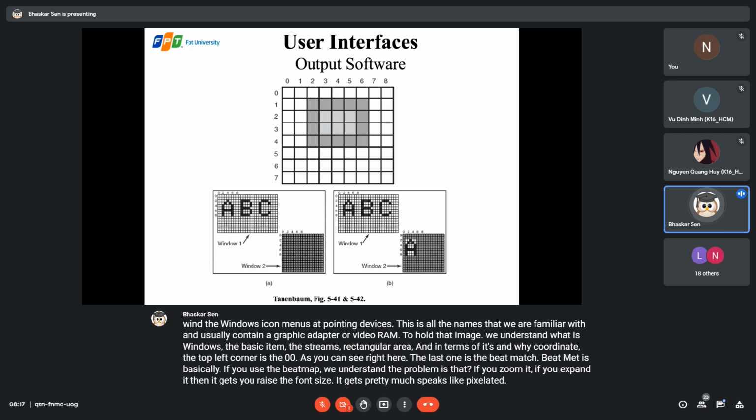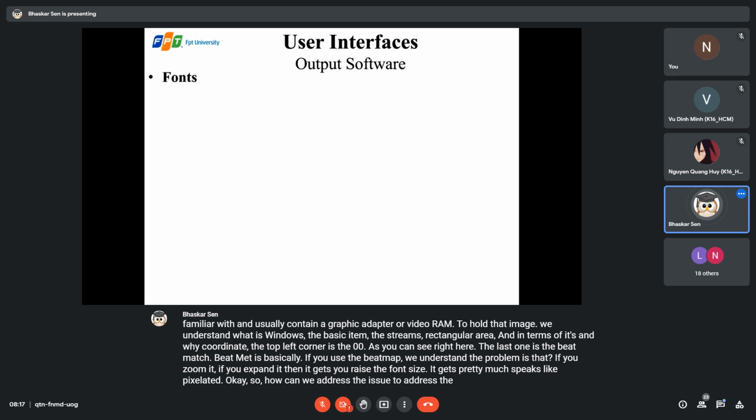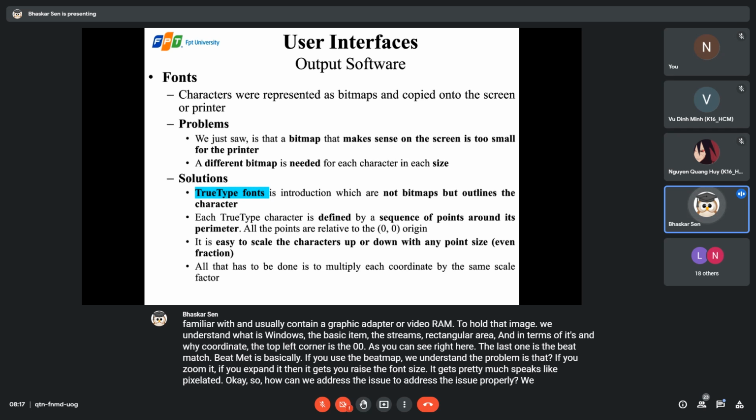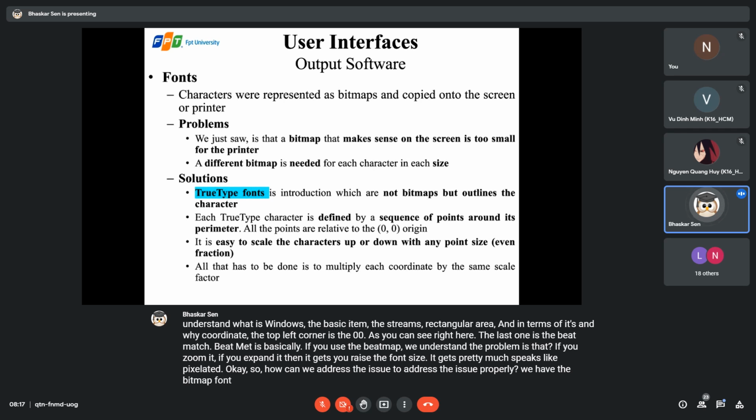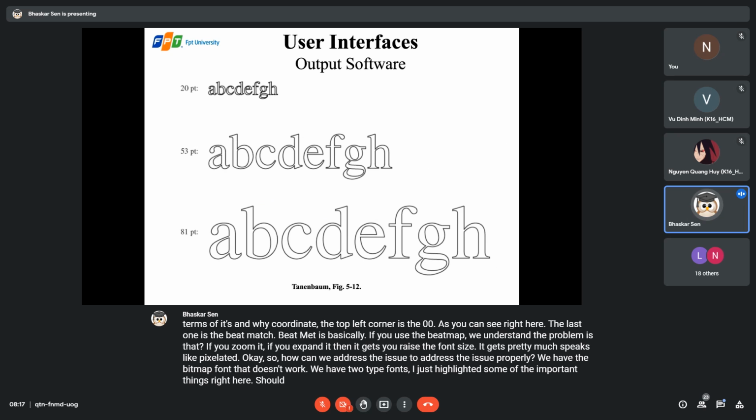So how can we address the issue? The bitmap font doesn't work here, so we have TrueType fonts. I've just highlighted some of the important things right here. TrueType font was first invented by Steve Jobs.